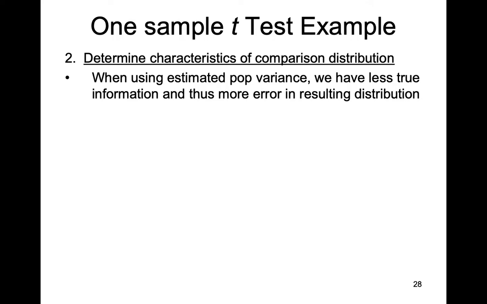However, if the population variance is not known, but we need to estimate it, and we engage in a random sampling process and sample all possible means from that population with unknown variance that we had to estimate, there's going to be more error in the resulting distribution of means.